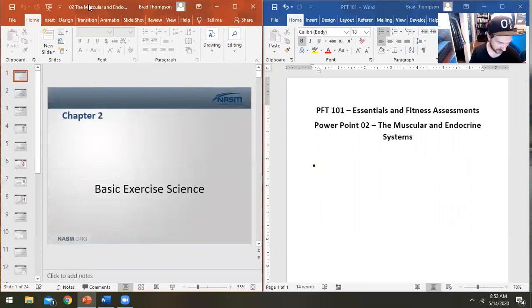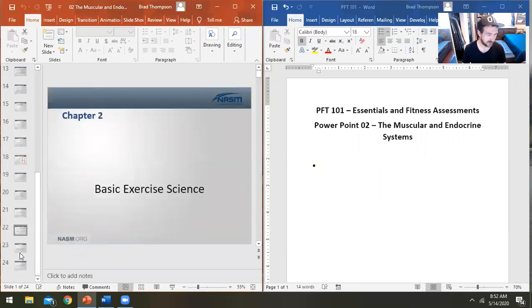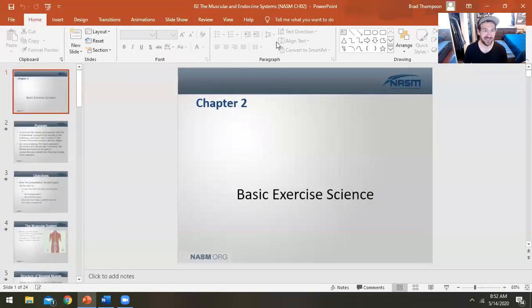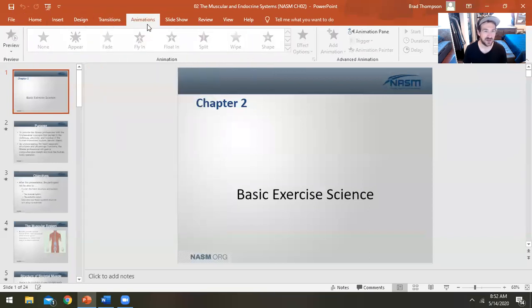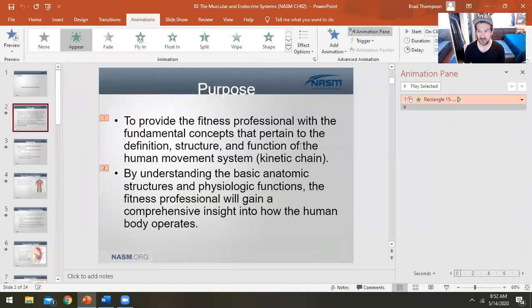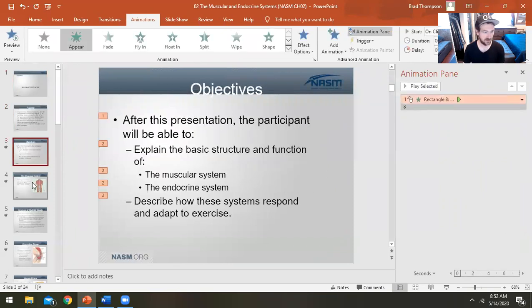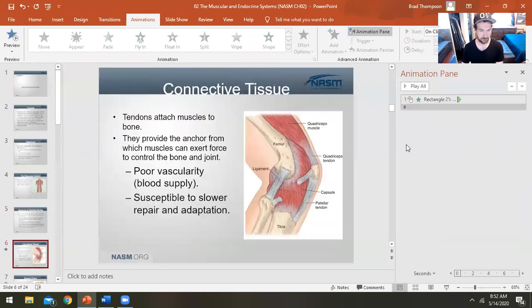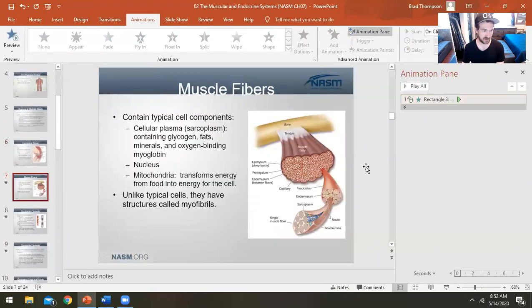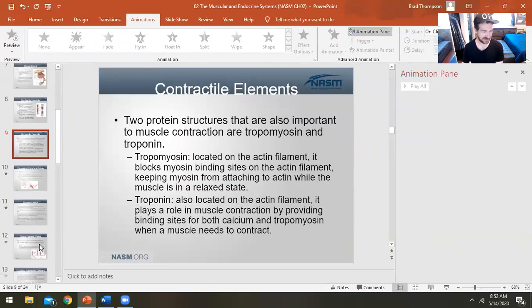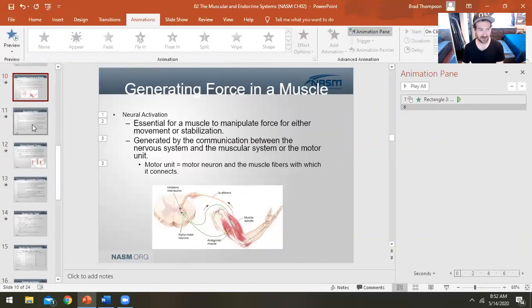Oh, hold on. I forgot it's a NASM 6th edition PowerPoint. Let me fix these slides again really quick. I meant to do this before and I forgot. Transition, no animations, animations pane, and deleting all animations. Sorry. But it's a lot better than dealing with the nonsense.